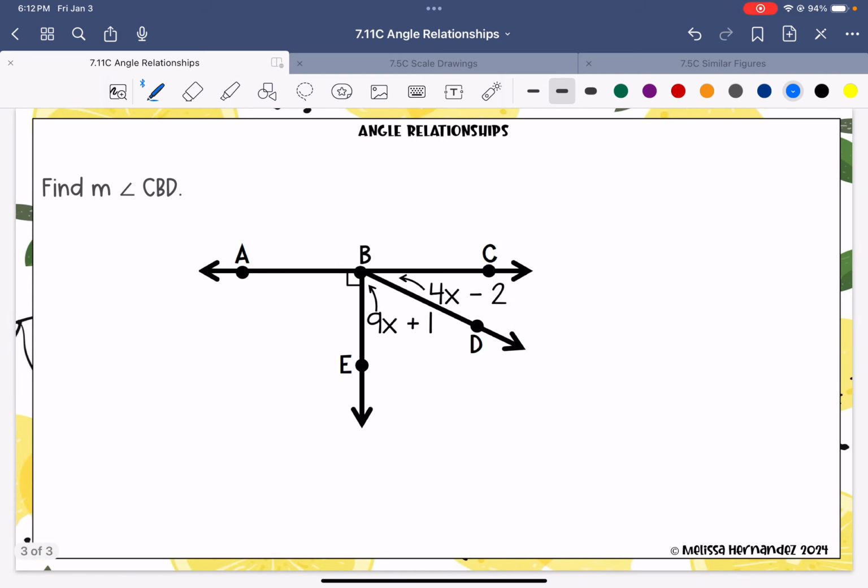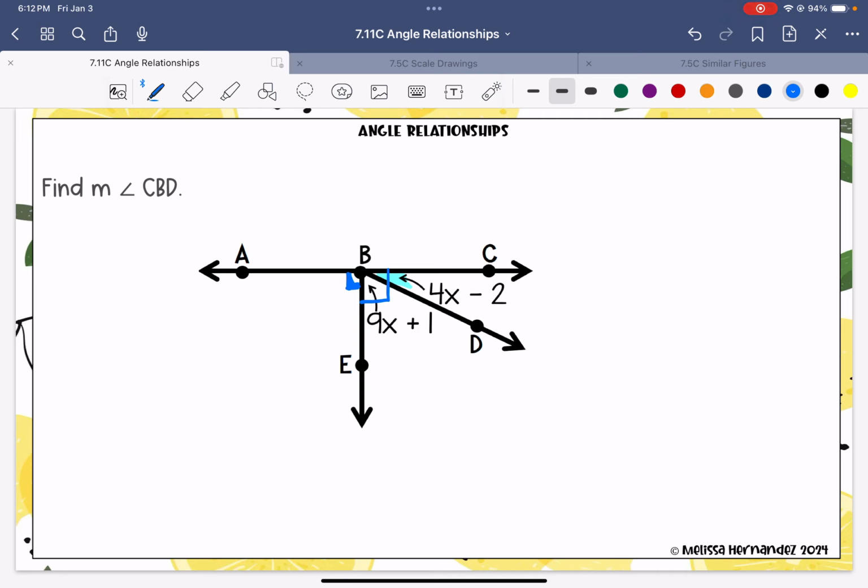For the next one, it says find the measurement of angle CBD, which is this space here. If you notice right here, this represents a 90-degree angle. So if ABE is 90 degrees, that means angle CBE is 90.